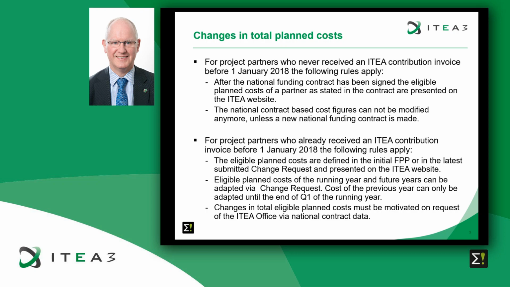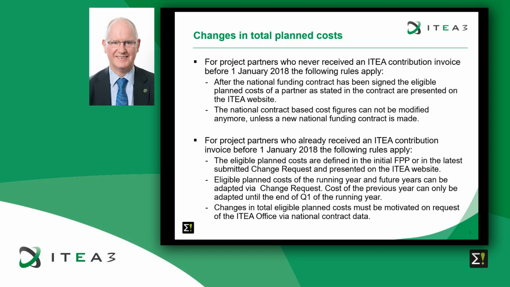The second case is for project partners who already received an ITEA contribution invoice before the 1st of January 2018. For them, the old rules apply. The eligible planned costs are defined in the initial FPP or in the latest submitted change request and presented on the ITEA website.